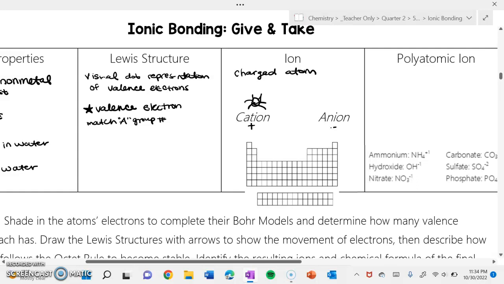And that is because cations are going to give away electrons. That's metals. Metals will be cations. And anions are going to gain electrons. Those are the nonmetals.